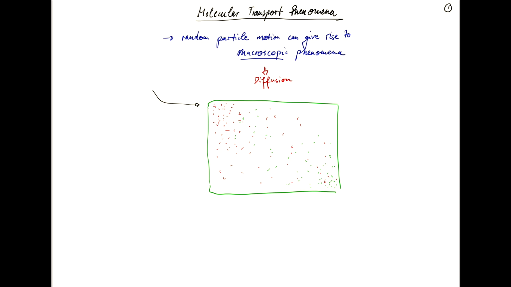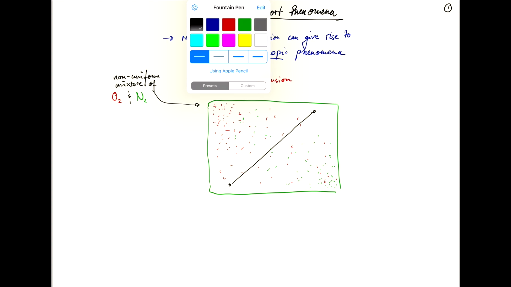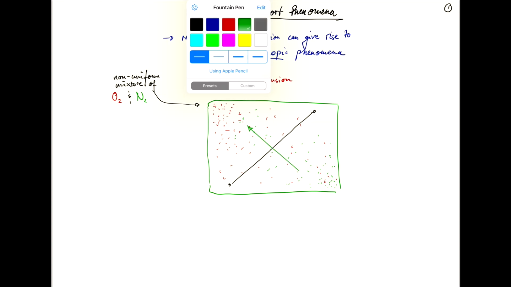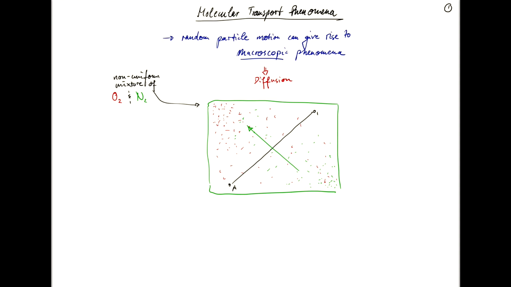So we have a non-uniform mixture of oxygen and nitrogen. The way I've tried to draw this here is that the mass fraction of my, say, nitrogen decreases on a line that is perpendicular to this line AB.